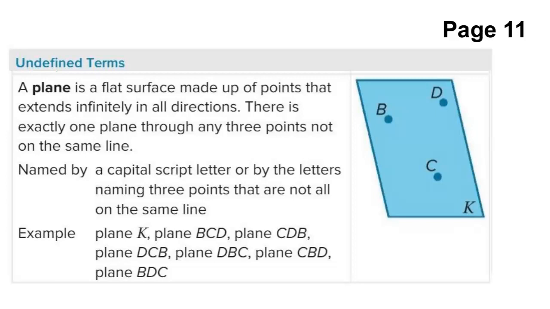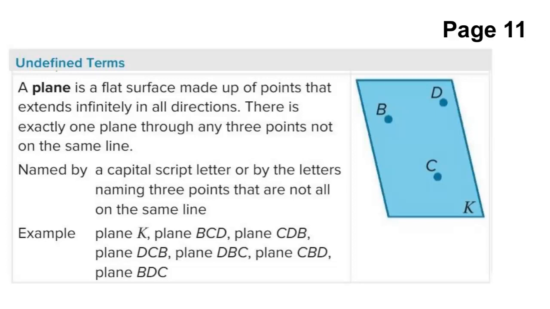Could I draw 2 points on here with my dry erase marker? If I had my dry erase marker, I could draw 2 points on here. Could I draw 3 points on here? Would it be possible for me to draw 3 points on here that I couldn't use a straight edge and draw 1 line and hit them all? Is that possible? Like if I put a dot here and a dot here and a dot here.